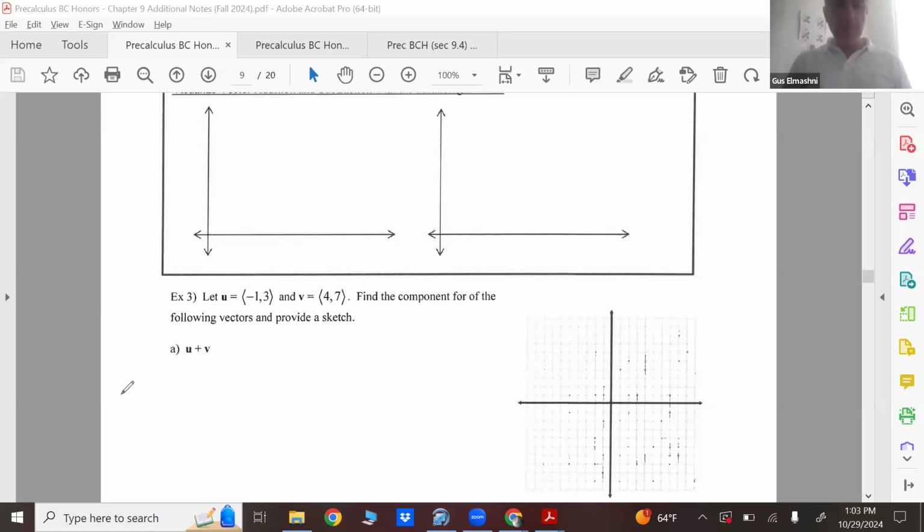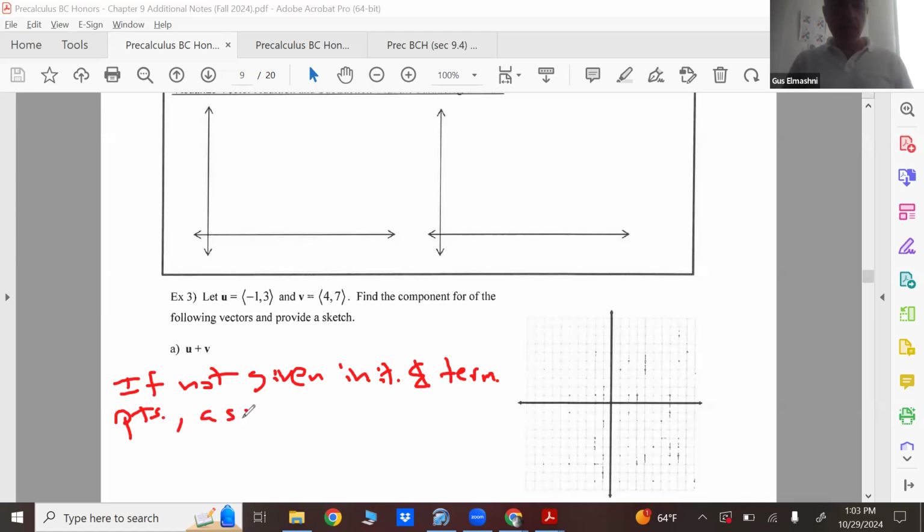If you're not given initial or terminal points, assume the initial point is 0, 0 for one of the vectors.